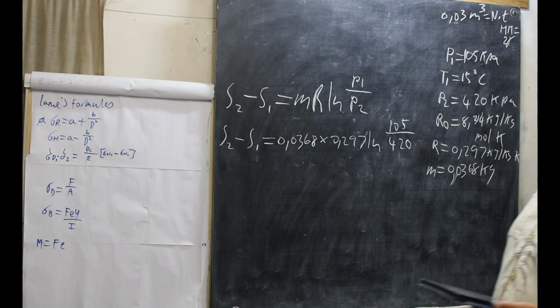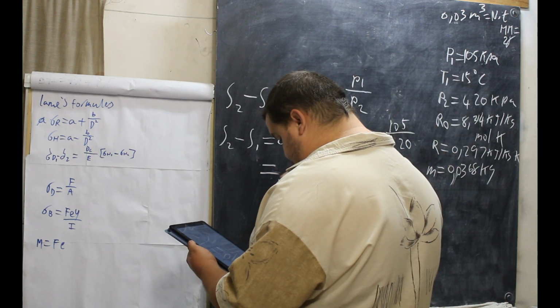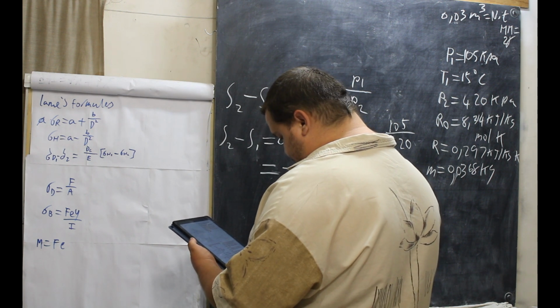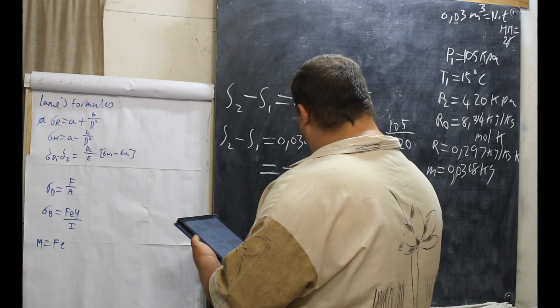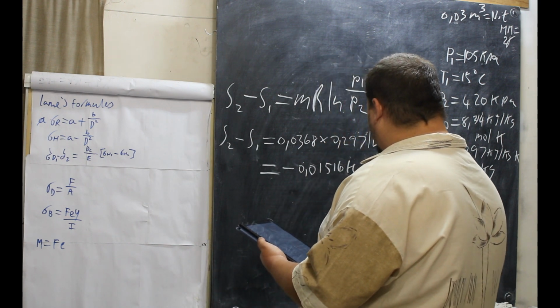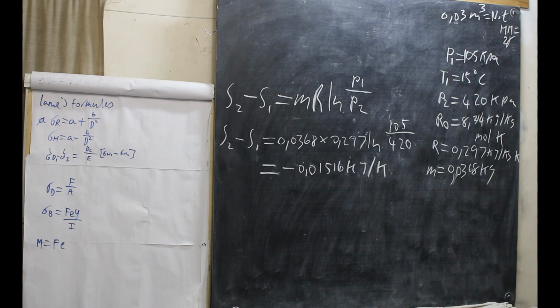We put this in our calculator and we get minus 0.01516 kilojoules per Kelvin. That's S2 minus S1. So what this is, a decrease in entropy. So the temperature dropped.